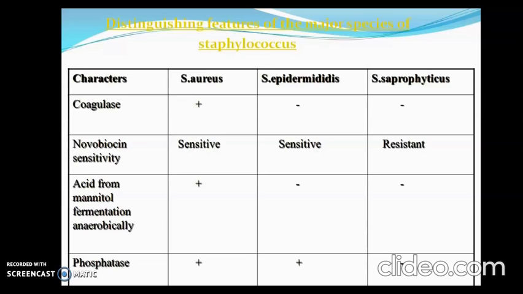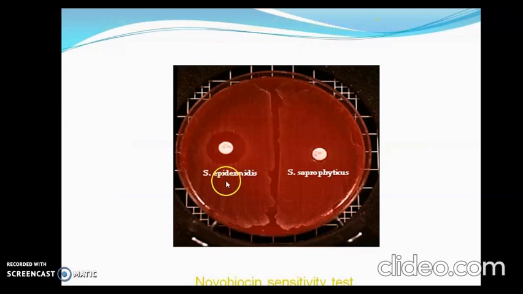Acid from mannitol fermentation anaerobically is positive for Staphylococcus aureus alone, and phosphatase production is found in Staphylococcus aureus and epidermidis, but it is absent in the case of saprophyticus. In this you can see that epidermidis is sensitive to the antibiotic novobiocin, whereas saprophyticus is resistant to novobiocin.